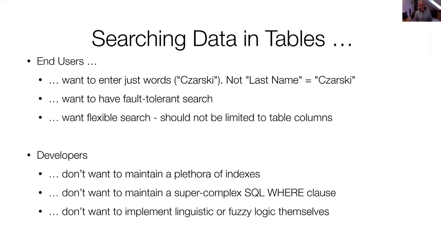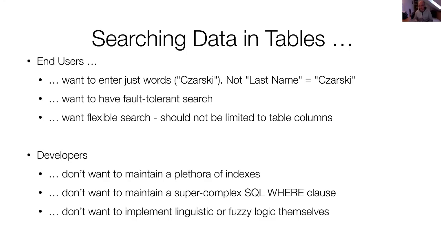When we try to generalize that requirement a bit, we might come to the conclusion: what do end users want? End users want it to be like Google, right? If you ask the end user how they want to have the search, I think 9 out of 10 will answer, it should be like Google. The difference between us and Google is that Google has a few hundred engineers working on just the search index and the search page.